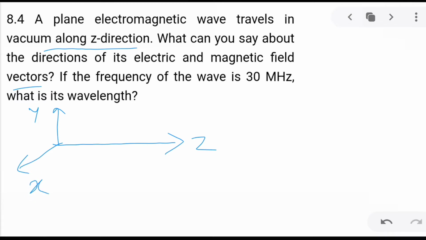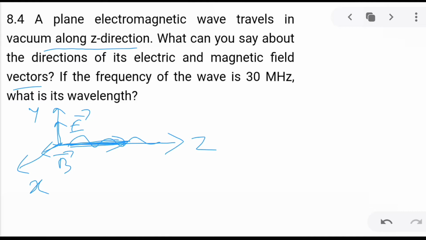If the wave is propagating along z axis, then the direction of oscillation of electric field, the direction of oscillation of magnetic field, and the direction of wave propagation, that is along z-axis, all these three quantities will be mutually perpendicular.